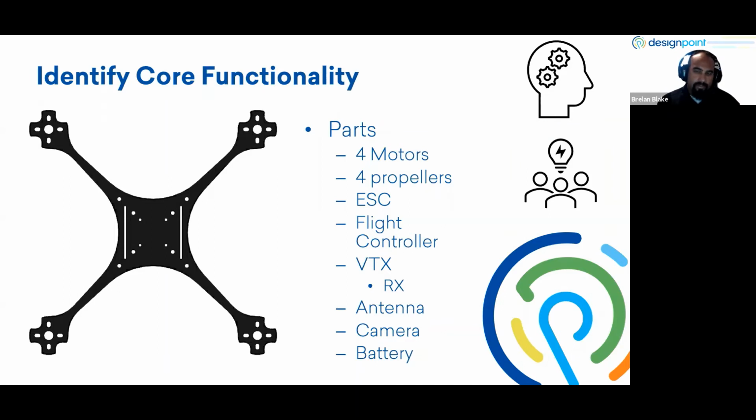With that in mind, some of the parts we started with were the motors. We wanted to use high kilovolt motors, so we wanted it pretty snappy and pretty fast. To pair with our motors, we wanted to go with some pretty aggressive propellers. So we had to keep that in mind as well.